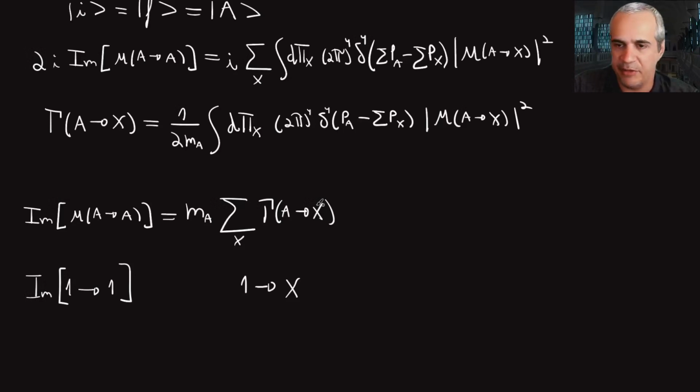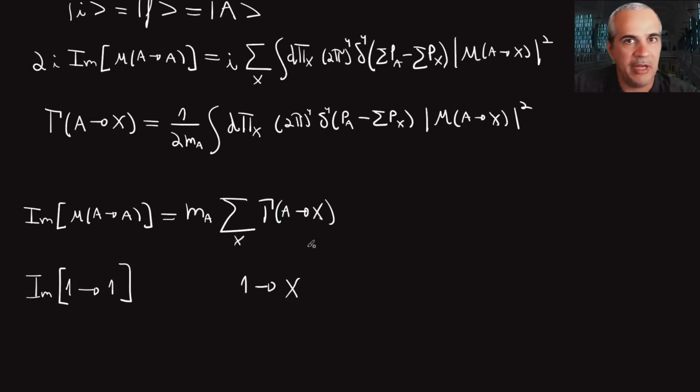It has a different partial width, which is the decay rate in each of these so-called channels, which are these possible final states. In this case, I'm summing over everything that is possible. As long as this decay rate is not zero, which will be zero if I violate charge conservation, or if there's no phase space, the final states are too heavy, so I cannot conserve energy and momentum here.